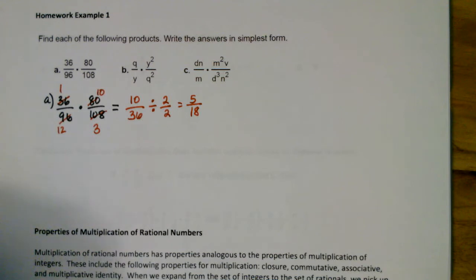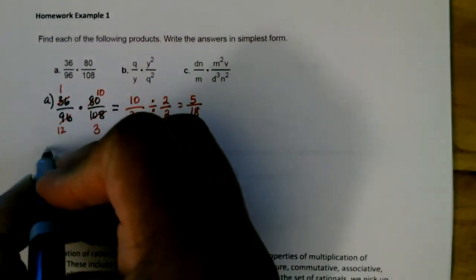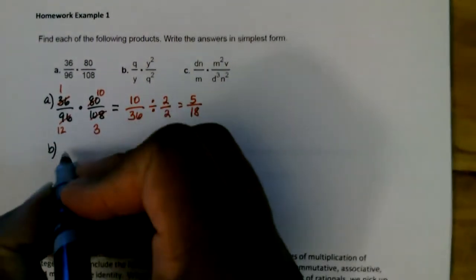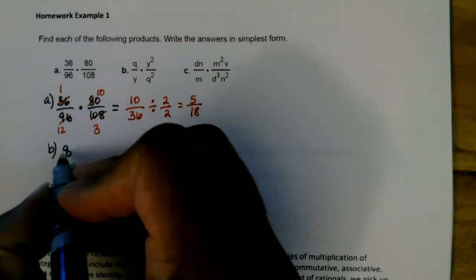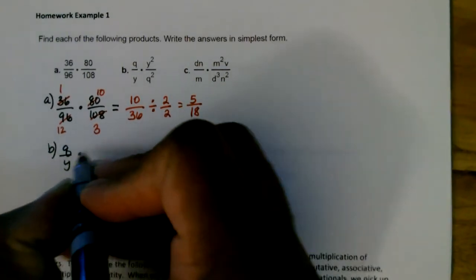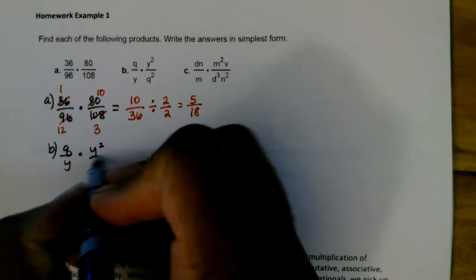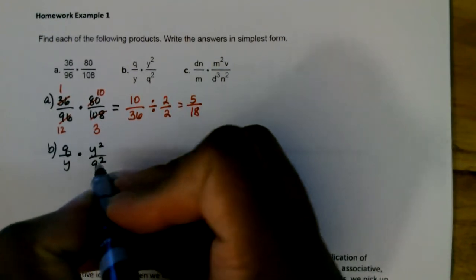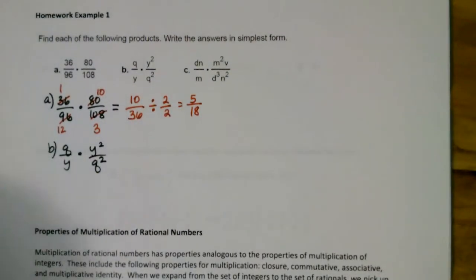All right, part B. Here we got Q over Y times Y squared over Q squared. Okay. Now you could do this.